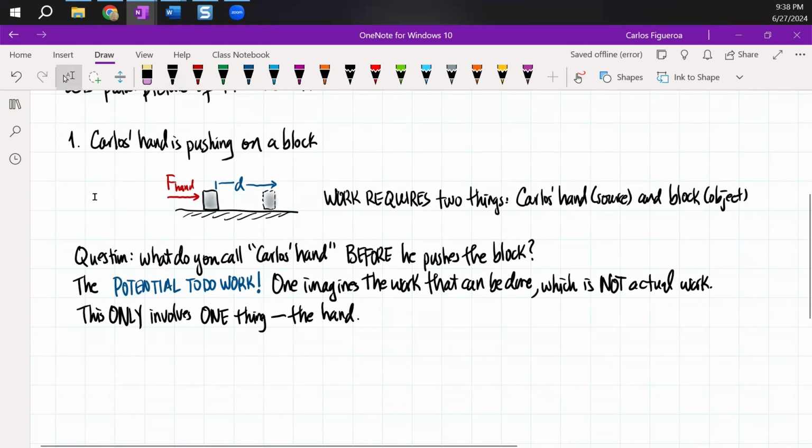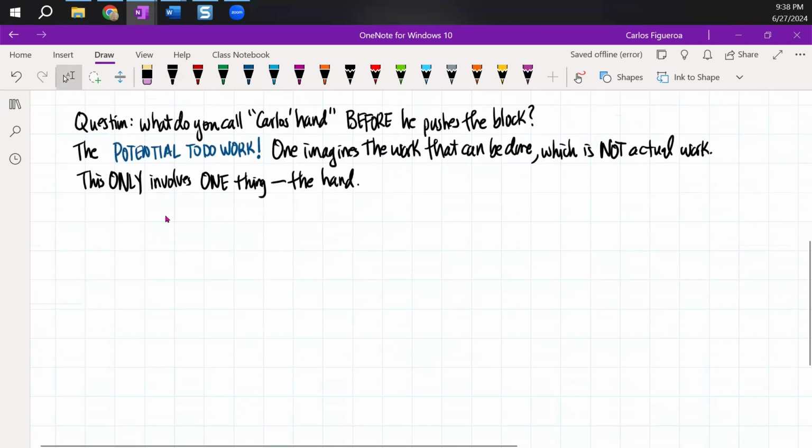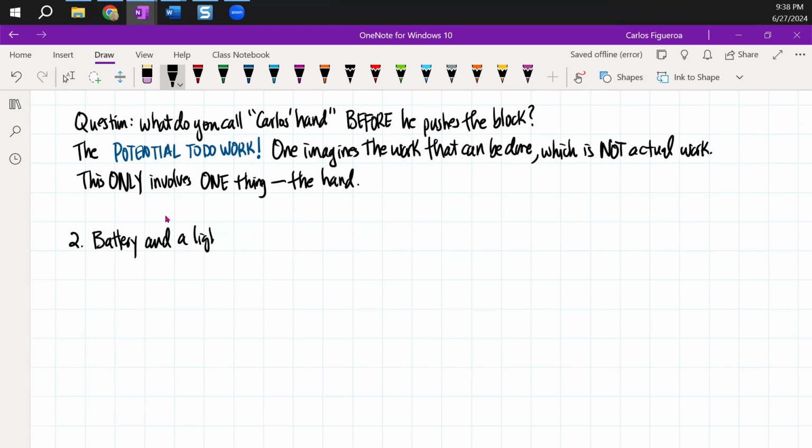Now I can repeat this with another really familiar thing, and this is a battery and a light bulb. So once again, work requires two things.